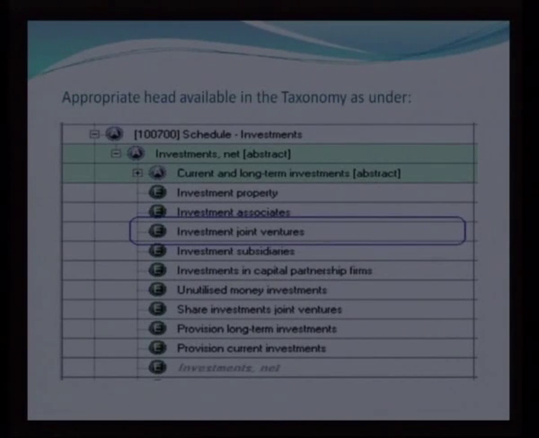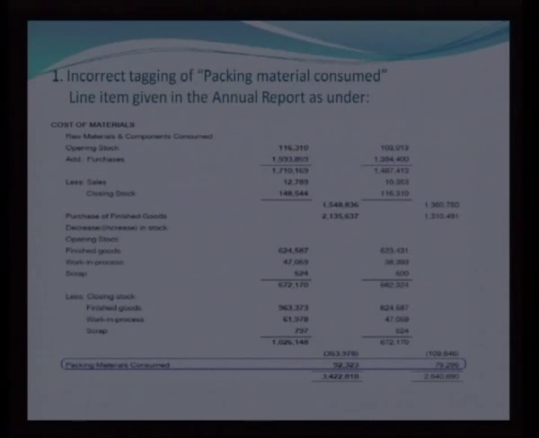And what is the appropriate tag available? The appropriate tag of investment in joint ventures is already available. So what sort of picture are we giving to our stakeholders? That it is not for trade. We have invested in a joint venture. It will not be liquidated in the near term. So that is very important.